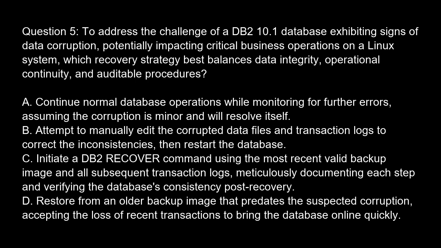Option B. Attempt to manually edit the corrupted data files and transaction logs to correct the inconsistencies, then restart the database. Option C. Initiate a DB2 recover command using the most recent valid backup image and all subsequent transaction logs, meticulously documenting each step and verifying the database's consistency post-recovery. Option D. Restore from an older backup image that predates the suspected corruption, accepting the loss of recent transactions to bring the database online quickly.